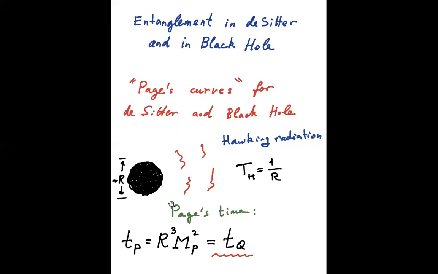This was formulated in the context of a black hole. Now, the black hole, let's say of radius r, has Hawking radiation, and there's the Hawking temperature, 1/r.